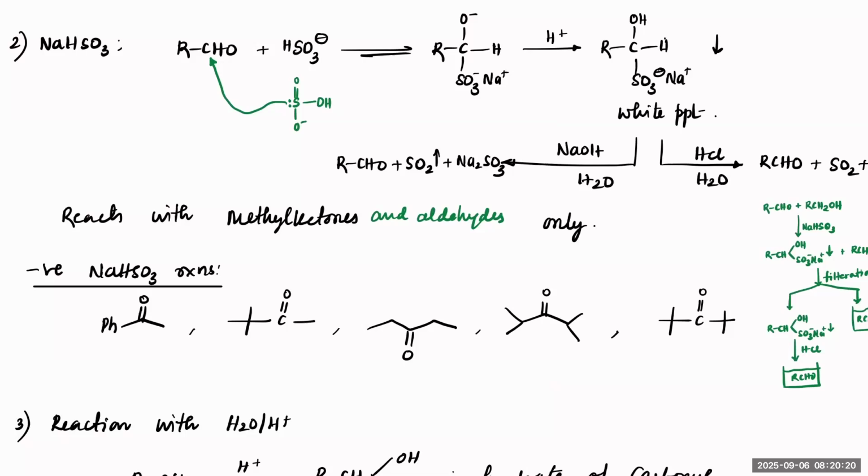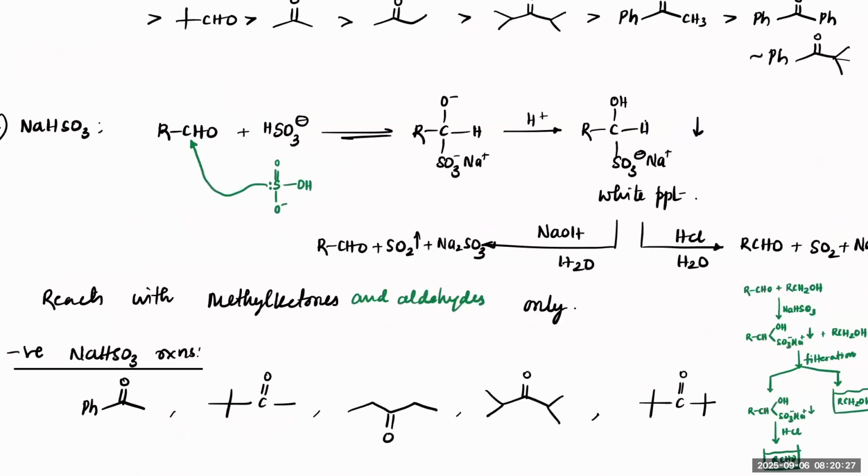So sulfur's lone pair will attack the carbon, getting this product first. And this will take H plus and gets into this white colored precipitate. So the formation of a white colored precipitate suggests that there is an aldehyde or a ketone present.